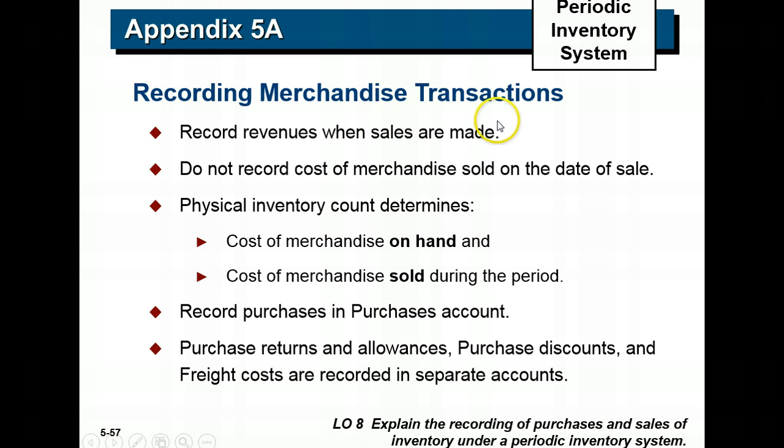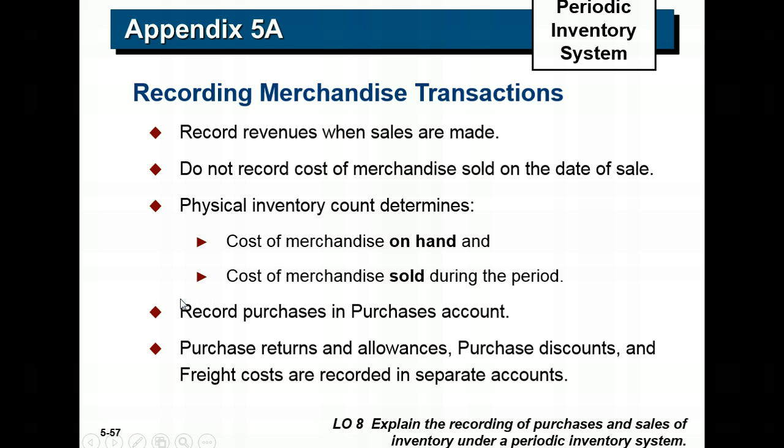We don't record the cost of merchandise sold because we don't keep track of it till the end of the period. The physical inventory count at the end of the year is going to determine the cost of merchandise on hand, and ultimately we'll then be able to plug in the cost of merchandise sold.